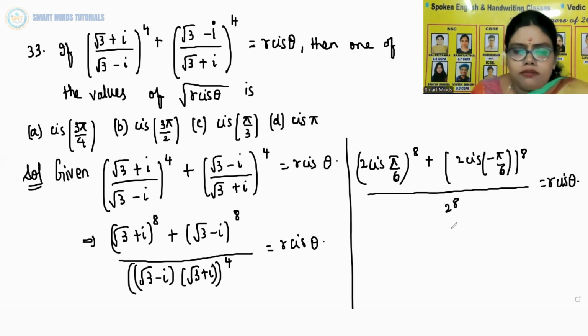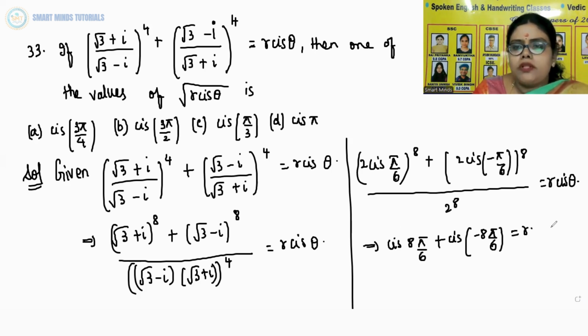So if you solve this further, you will get cis. If we apply De Moivre's theorem, we will get cis 8π/6 plus cis (−8π/6) equals r cis θ. Now let us open this cis as cos plus i sin.